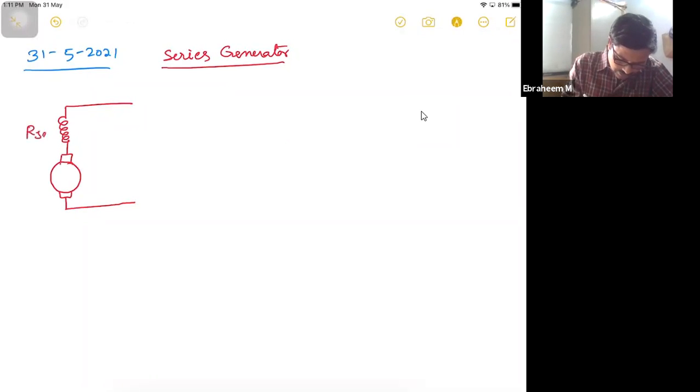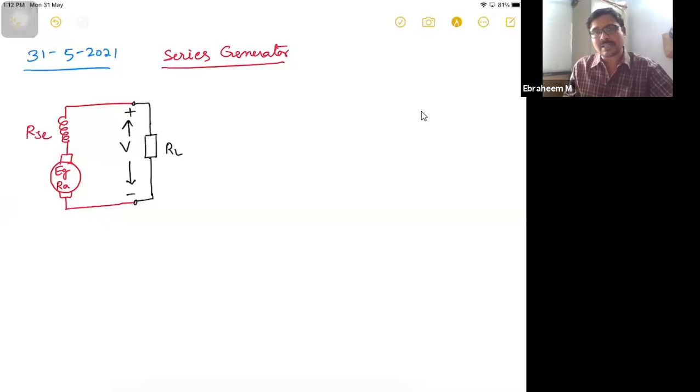Its resistance is Rse. This is the armature, having its generated EMF Eg and its resistance Ra. These are the terminals of the generator, where you can connect a load resistance RL, and the voltage available at these two terminals is the terminal voltage of the generator.